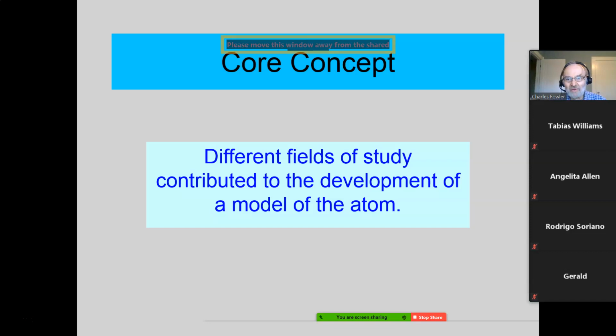Now, that's not all we're going to do, but that's the bulk of what we're looking at in this chapter: the model of the atom and how that fits into what properties materials have.